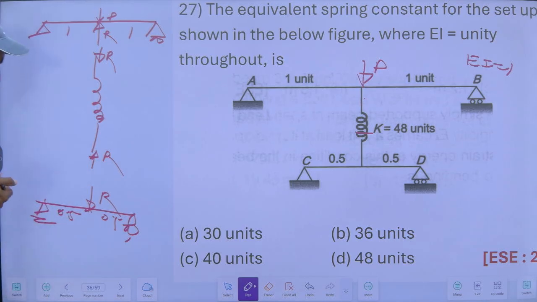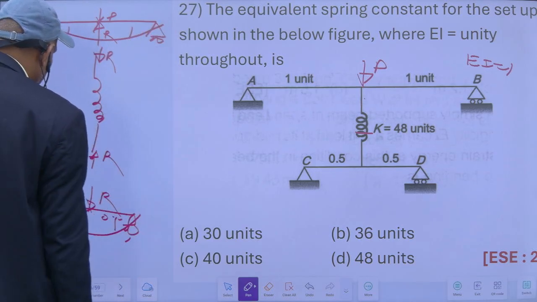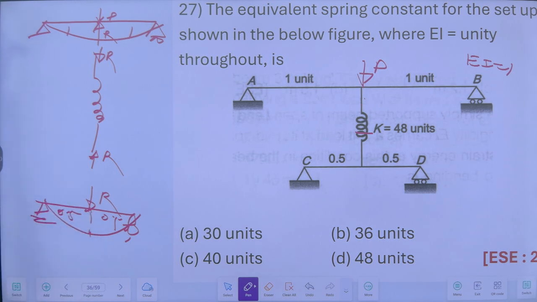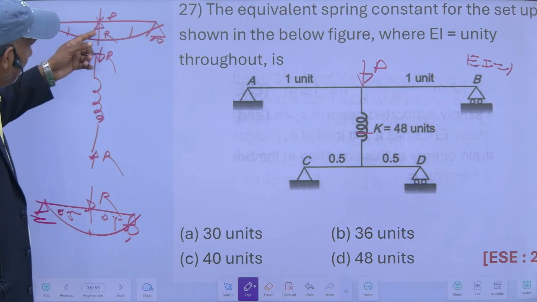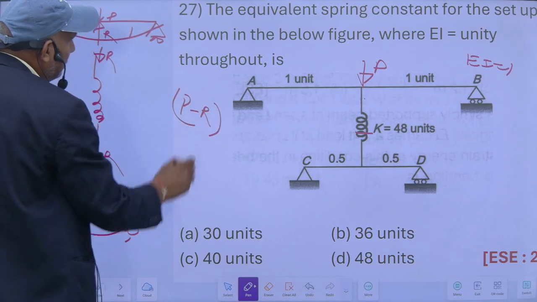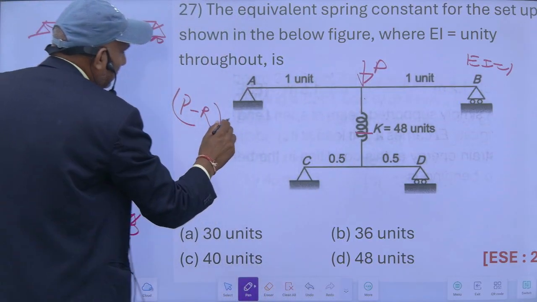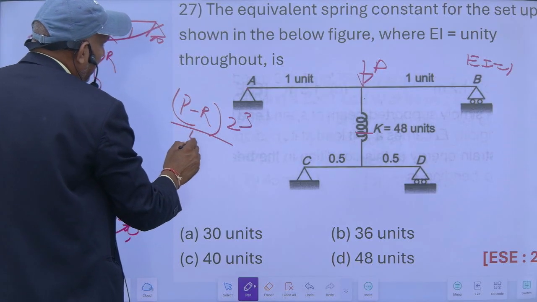So in this case, my net compression of these springs is equal to this deflection minus this deflection. So if this is this deflection, my net deflection at this point will be P minus R into this length, which will be 1 and 1, 2 cubed upon 48 EI.